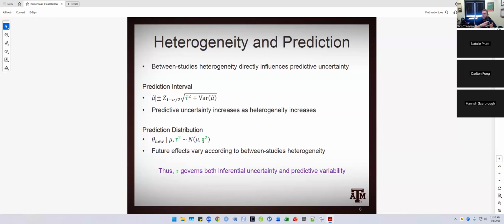These new theta values that are derived from our model that we've run. So this tau or tau squared estimate, it both has a role in how you govern uncertainty, but also if you are going into a route where you want to predict future values, it also plays a role there as well.